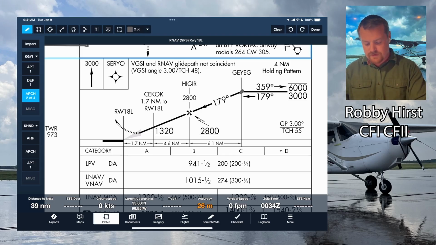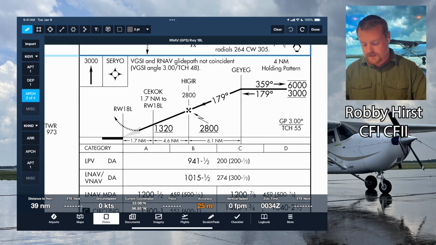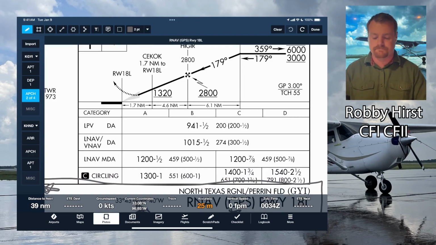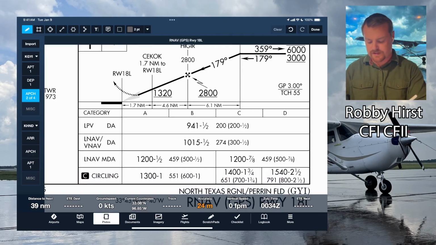However, if you do not have a WAAS-enabled GPS, then you would be using these RNAV minimums, which is going to be an MDA that you can see here, or circling minimum.